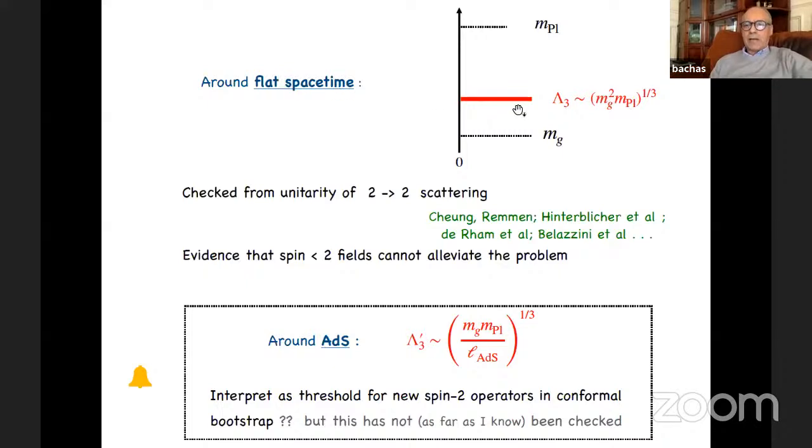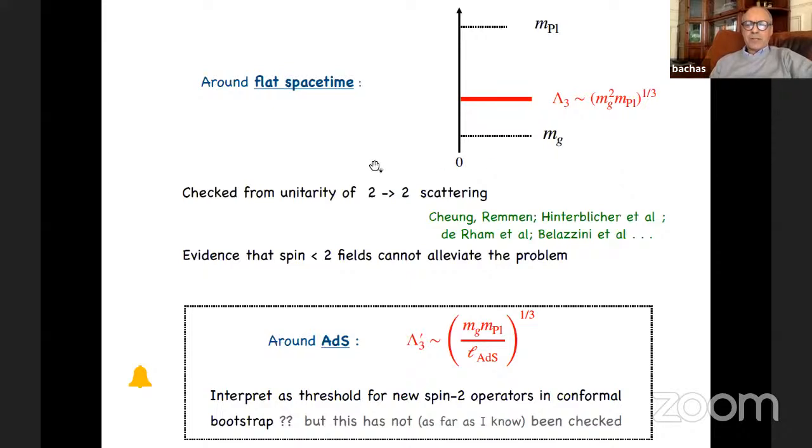It's a power counting argument. This Λ3, you see, is some kind of geometric mean of the Planck scale and the graviton mass. Actually, it's the square of the graviton mass times the Planck scale to the power 1/3. And this means that there is no smooth limit. If you try to take the mass of the graviton to 0, the whole effective theory breaks down, essentially, because this Λ3 collapses to 0.